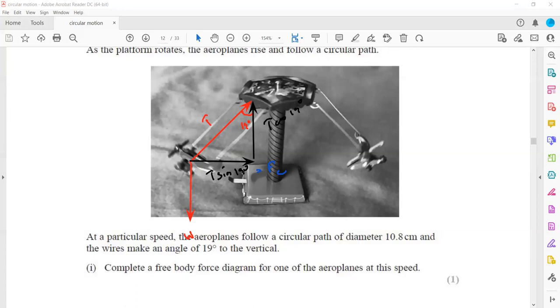So they both are balancing with each other. We can write the 2 equations. T cos 19, which is acting upward, balances with the weight, and T sin 19 is actually the centripetal force.